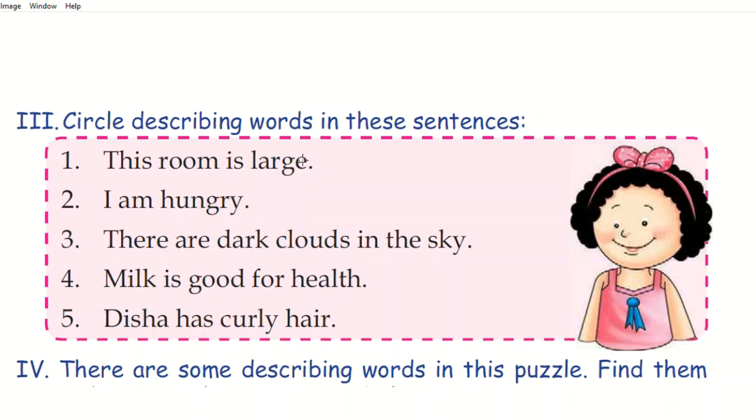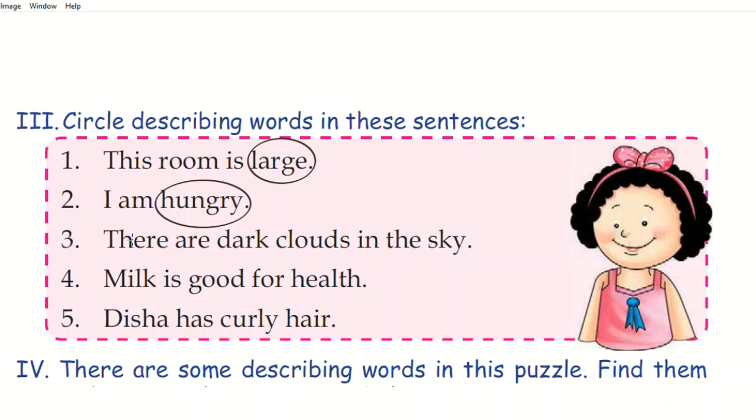In this sentence, the word large is the describing word. So circle the word large. Second, I am hungry. The word hungry here is the describing word. Circle it.